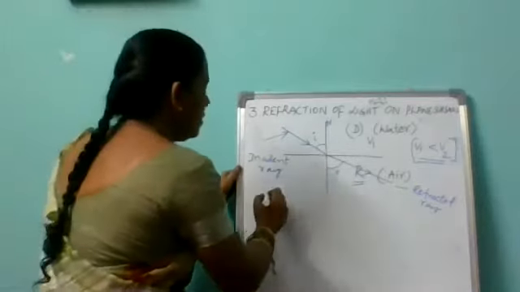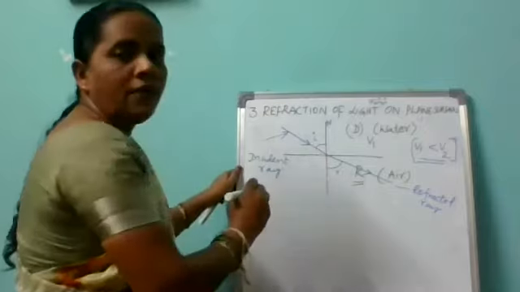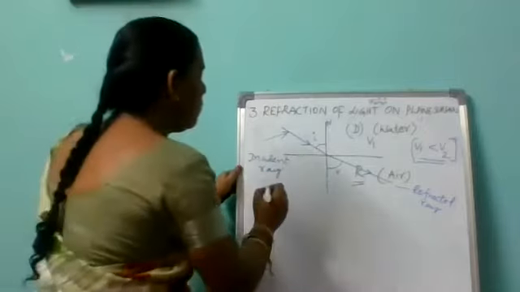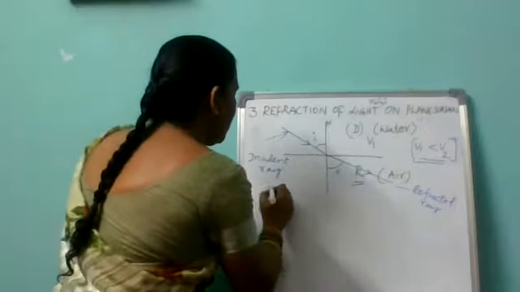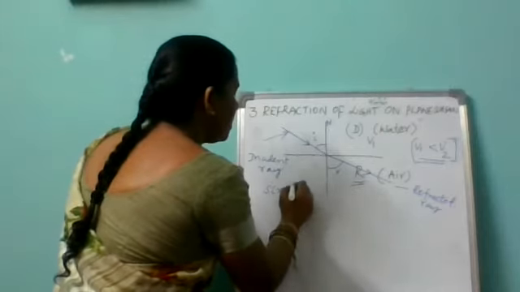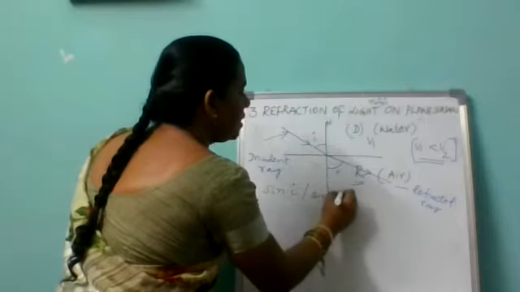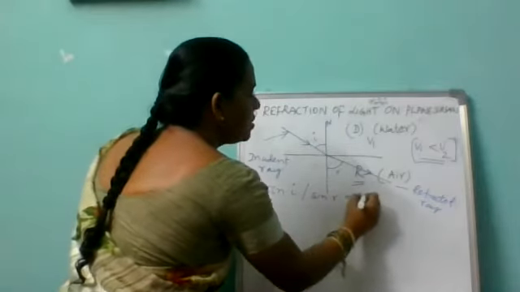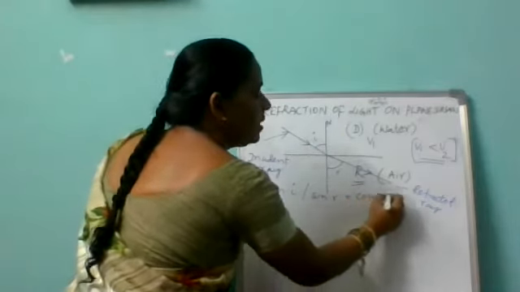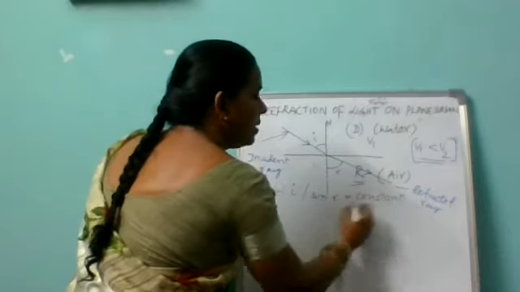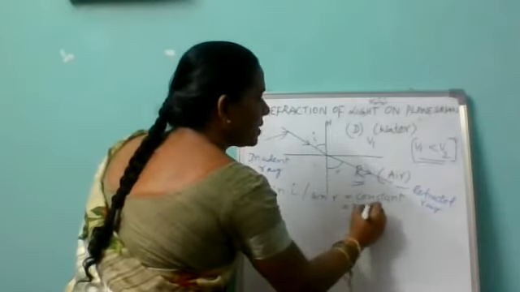So next, in refraction, the second law states that the sine of angle of incidence to the sine of angle of refraction is a constant, and that constant we call it as refractive index.